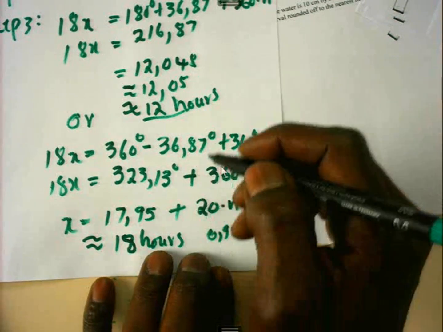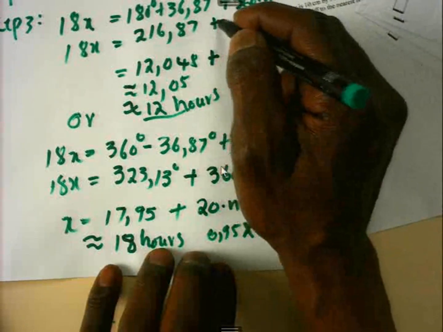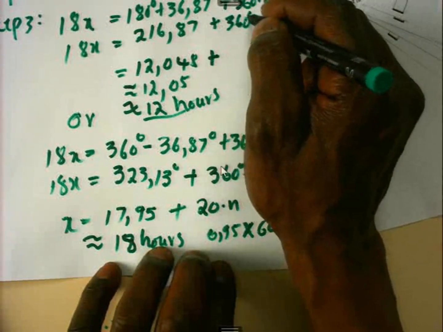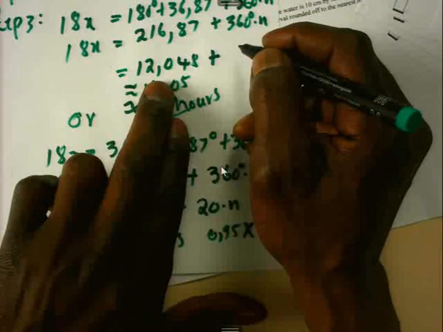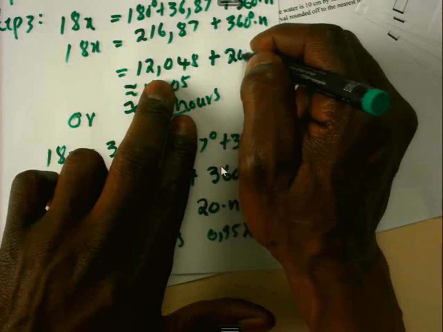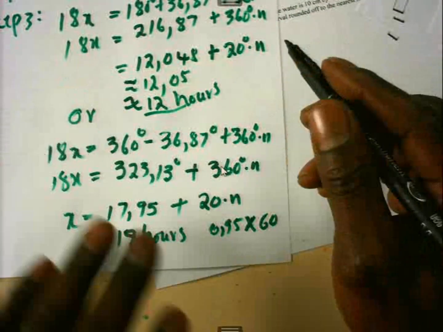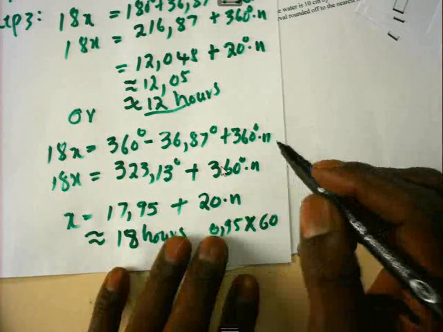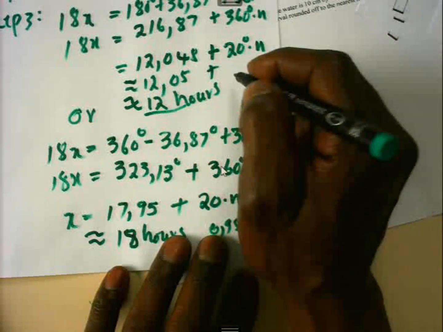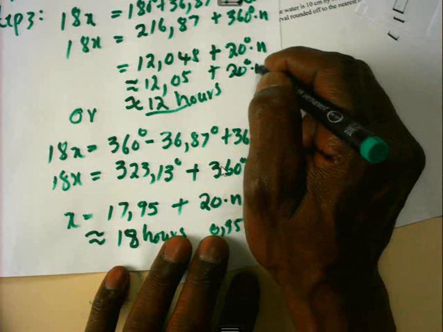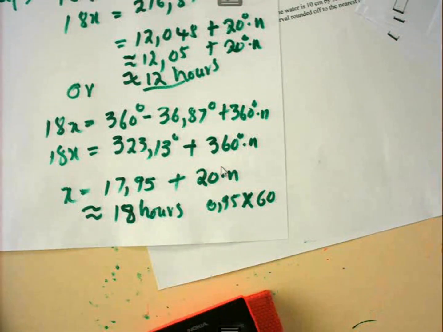Similarly, we do the same here: plus 360 degrees times n, divided by 18, gives 20 degrees times n. Now, you will see the importance of this general solution: 12,05 plus 20 degrees times n.